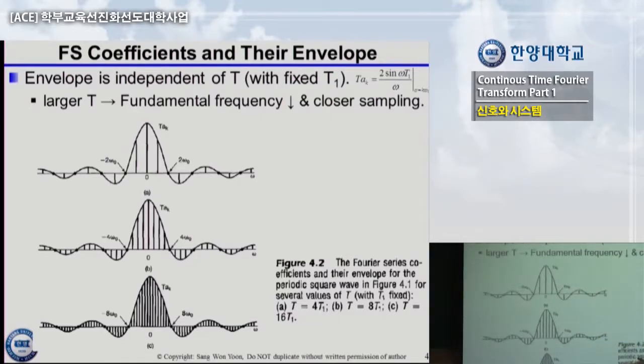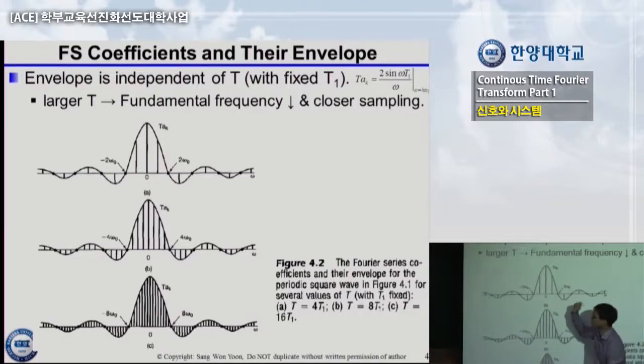And when omega_0 changes, omega_0 is 2 pi divided by T, right? So this is 2 pi divided by 4 T1. This is the a_k, the B case is 2 pi divided by 8 T1, and this is 2 pi divided by 16 T1. So omega_0 becomes smaller.